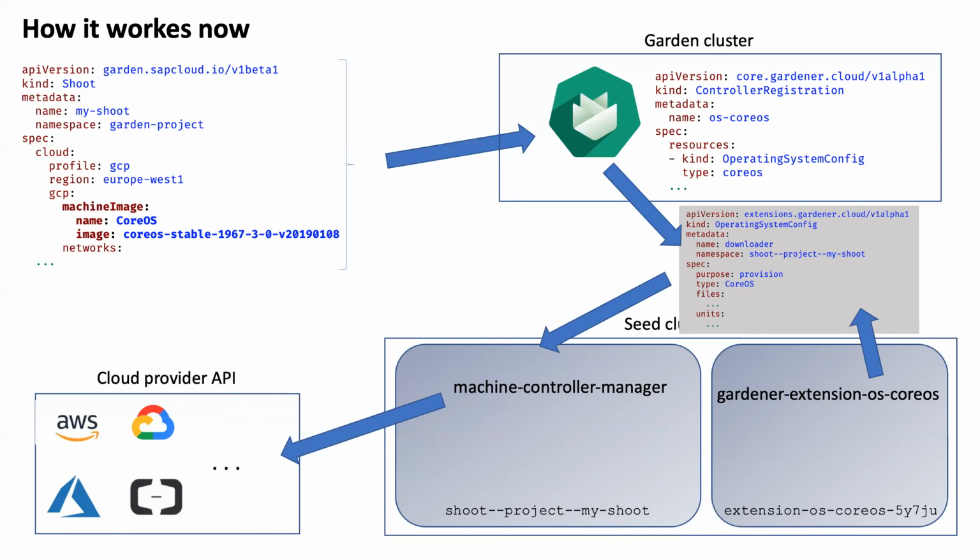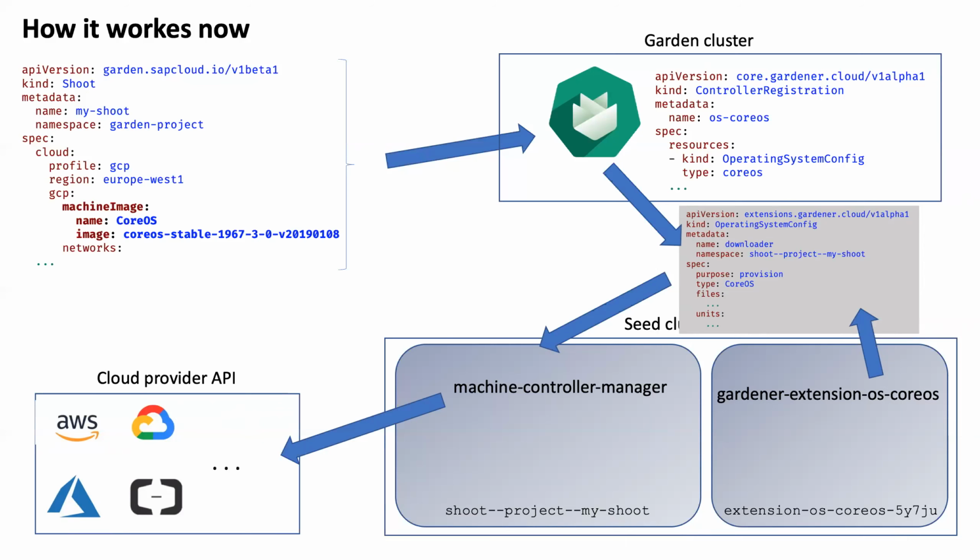Okay. The second question I have is about the interaction in the flow that you're showing in this slide. My understanding is that the extension creates the cloud-init config that is needed for initializing the machine.